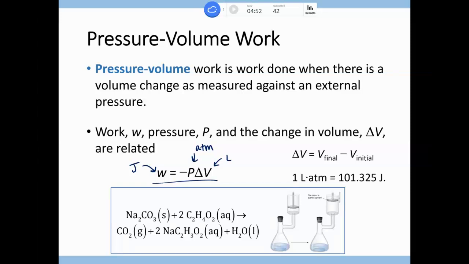So when going through these equations, you will often need this unit conversion. If you're trying to calculate work and you know the change in volume and the external pressure, you can multiply them together and your unit will be liters times atmospheres. You can convert that to joules by using this unit conversion.